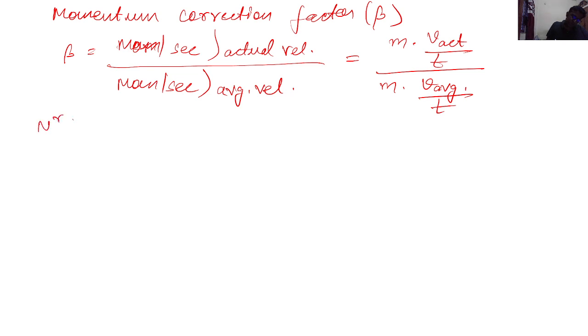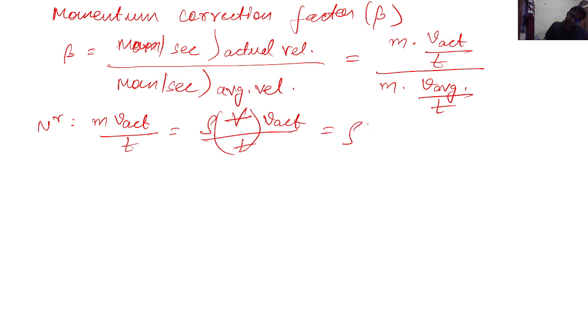Let us just look at the numerator first. The numerator is m V actual by T, and m can be written as density times the volume, and volume by T will again be written as the discharge. Now Q is equal to A V, where capital V is the average velocity, and it can also be written as the integral of the actual velocity times the elementary area.